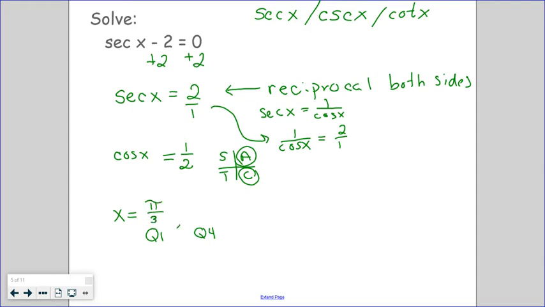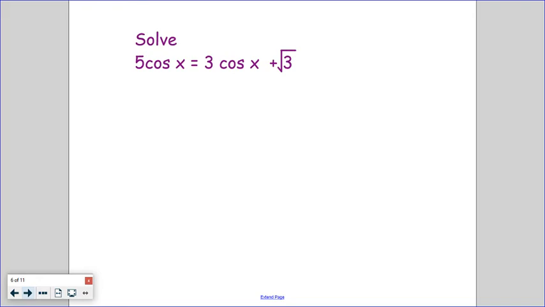The pi over 3 that puts us into quadrant 4 is always 1 less than double the denominator, so 5 pi over 3. So anytime we have a reciprocal in our function, come back to this idea: solve for it, and then you have to do this step right here. Do the reciprocal of both sides, and then continue on like normal.